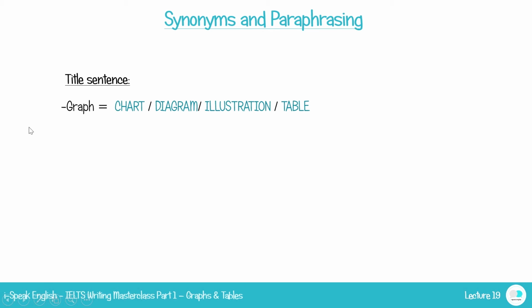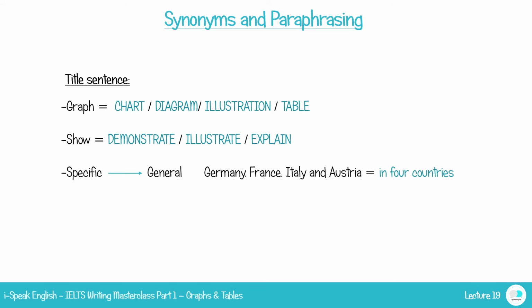And that way you can paraphrase really easily because you'll already know synonyms for the word graph. You'll be also writing the word graph quite a few times in your more detailed paragraphs. Show, you can use demonstrate, illustrate, or explain. Again, try to keep 3 of these words in mind and you'll be quicker at paraphrasing.